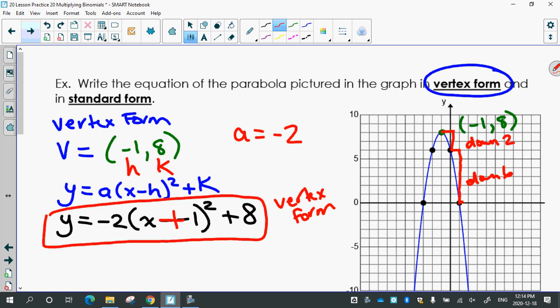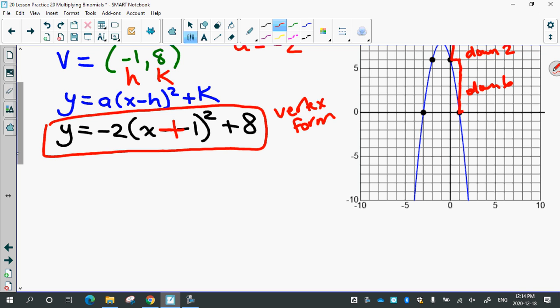So we've done that. Now you want to use what we just learned to write it into standard form. So to get it into standard form, we would start by writing out the x plus 1 twice.